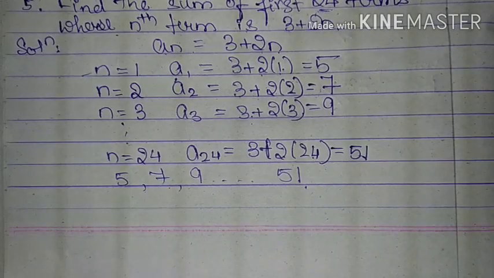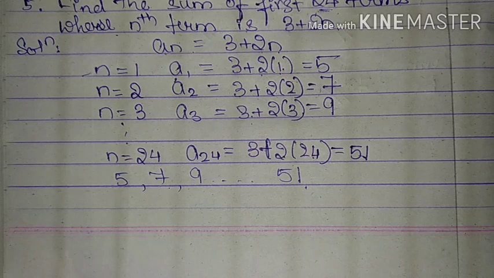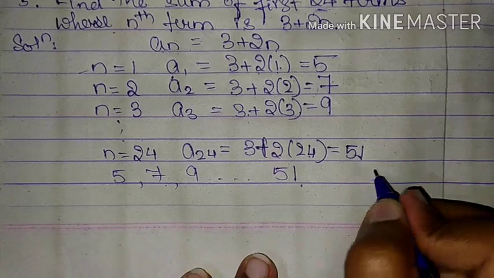So like this you have to determine the value of some nth term whenever an is given to you in a different manner, like here. So our main objective is to find the sum of first 24 terms, that is S24.